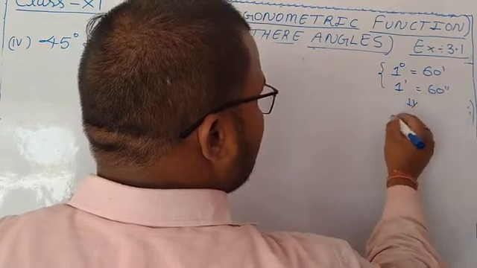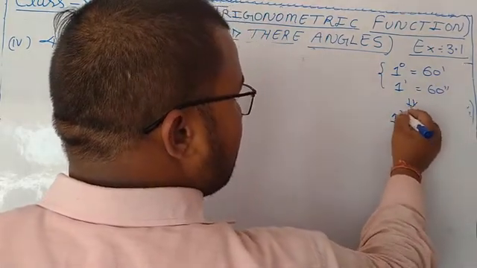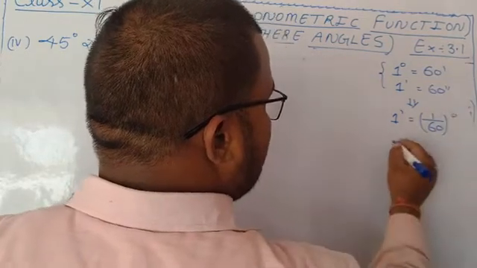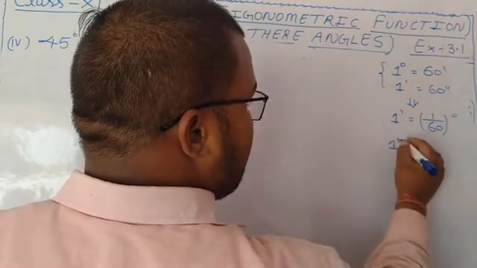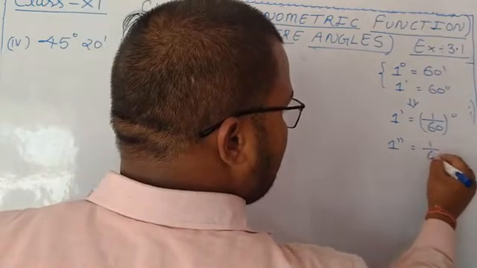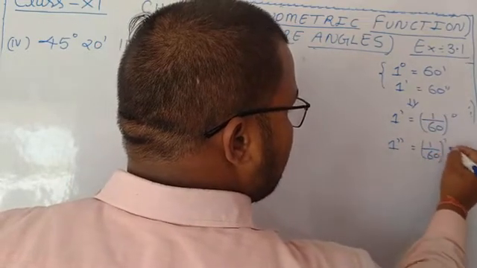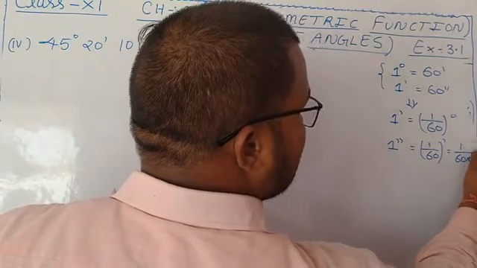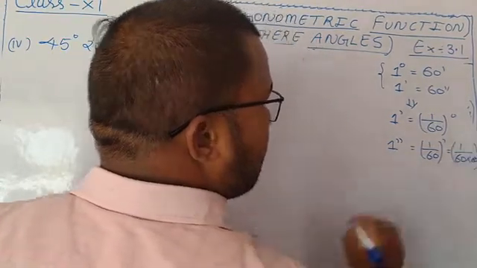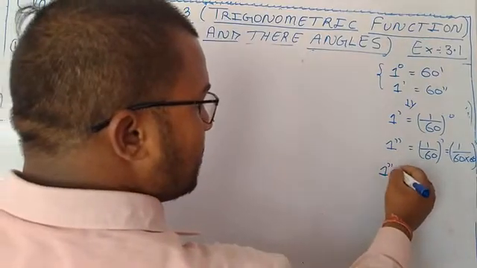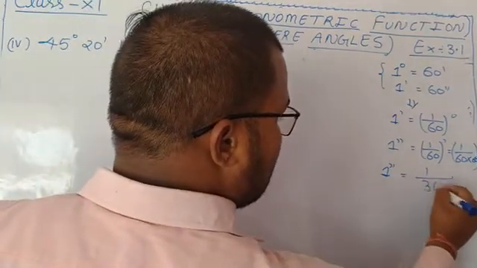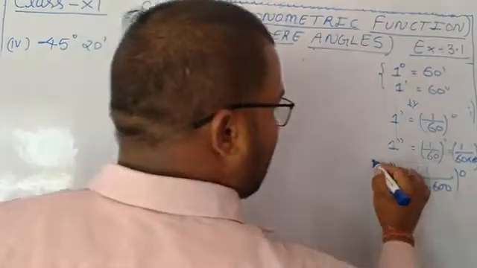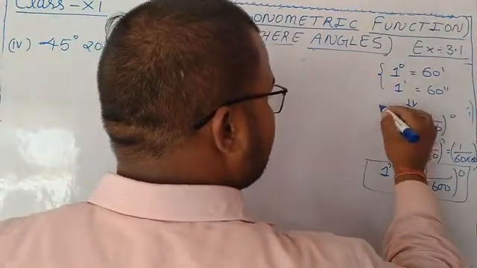Similarly, 1 minute is equal to 1 by 60 degree, and 1 second is equal to 1 by 60 minute, and 1 upon 60 into 60 degree. Okay, student, means 1 second is equal to 1 upon 3600 degree. So very important, applying this question.